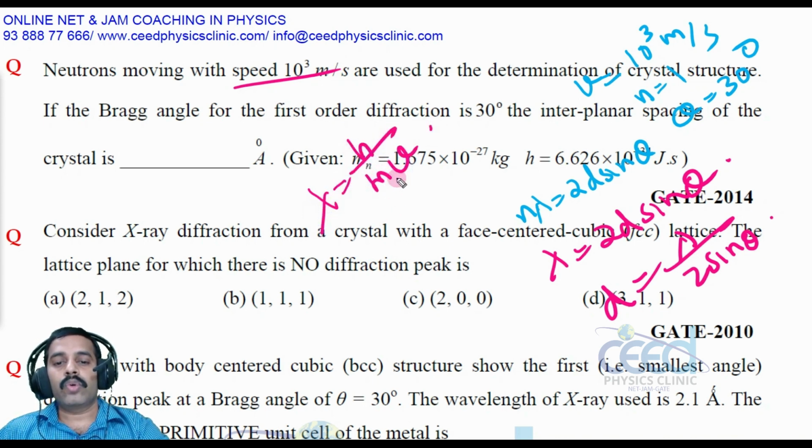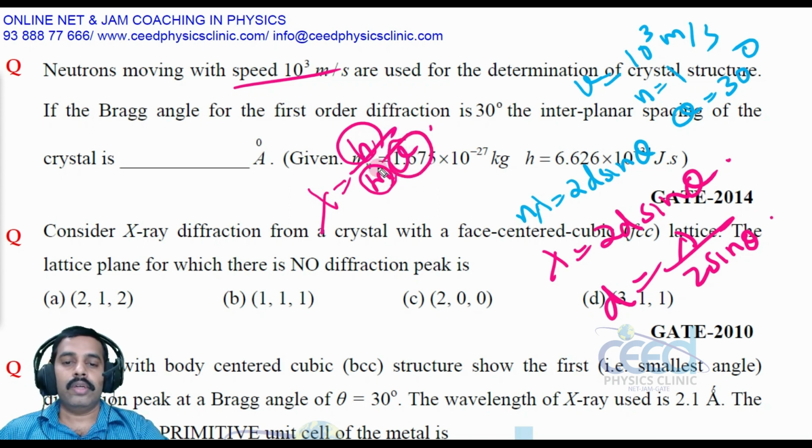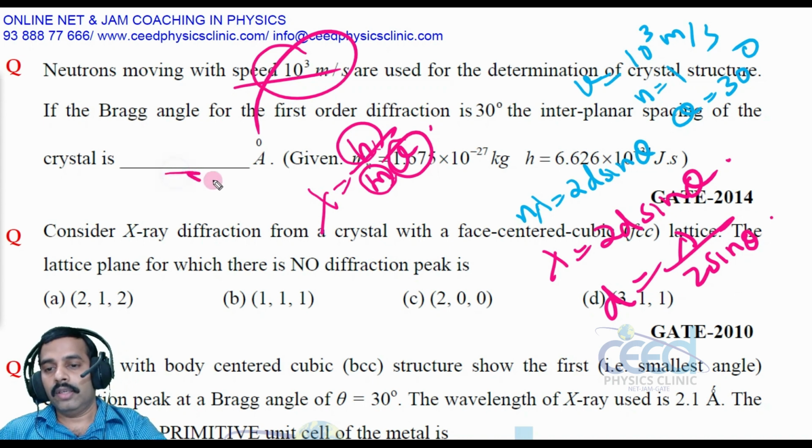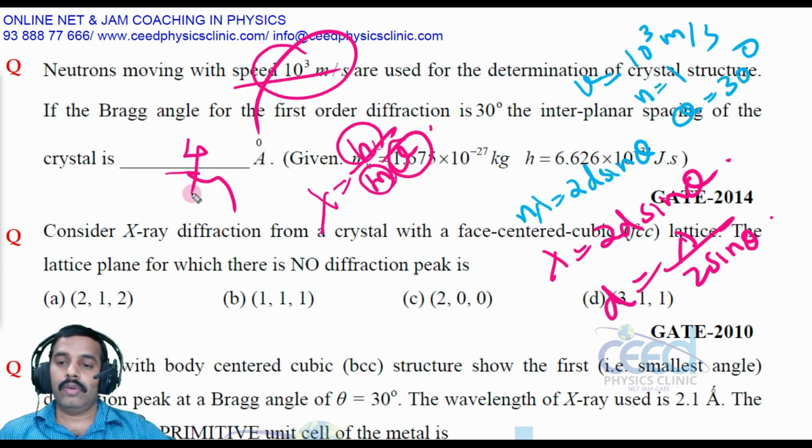The mass of the neutron, Planck's constant and the velocity are all given. So find lambda from it and substitute here, then you will get the answer. You will get 4 Angstrom. d is equal to 4 Angstrom.